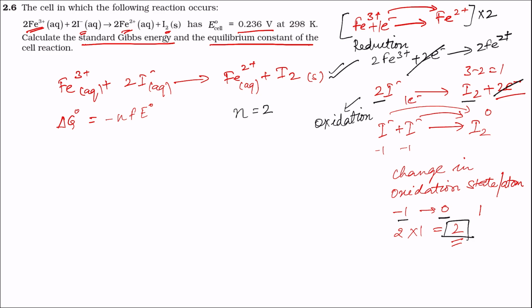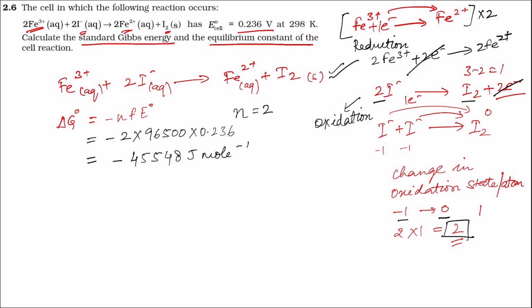Now putting the value of n and solving, this will be minus 2 into 96500 into E0 value, 0.236. 96500 coulomb per mole is the value of Faraday's constant. Solving, the value of delta G will be minus 45,548 joules per mole.